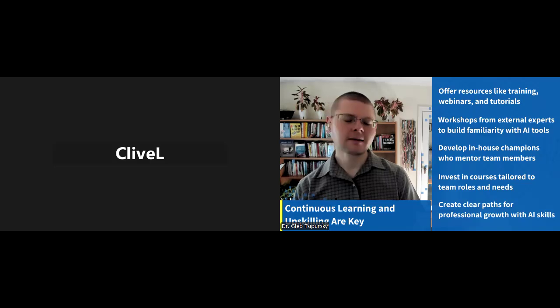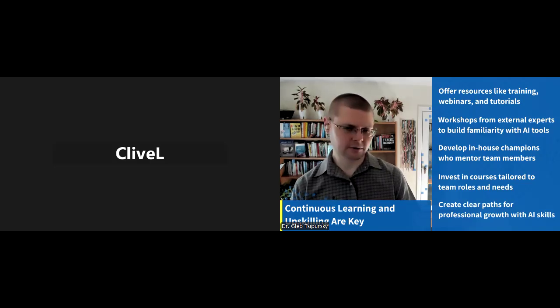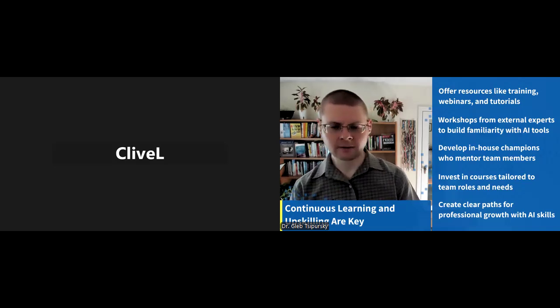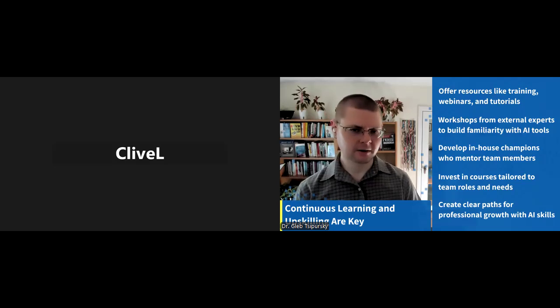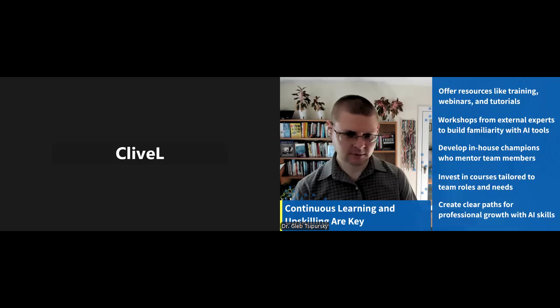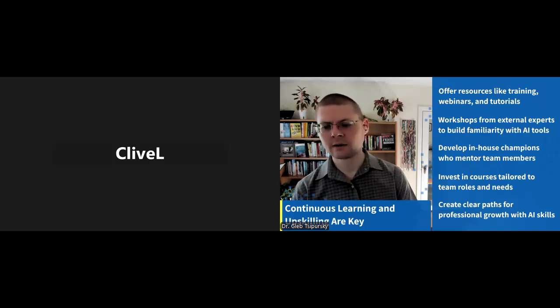And have clear pathways for professional growth with AI skills. So you'll want to think about in the longer term having people have roles like AI design lead, AI marketing lead, those sorts of roles that come with appropriate titles and appropriate incentives for people to see themselves growing into generative AI leadership roles.